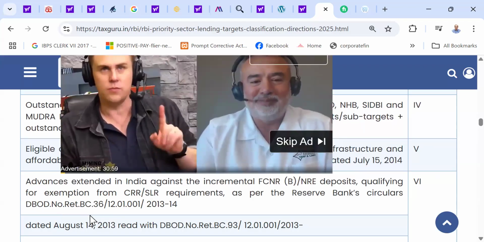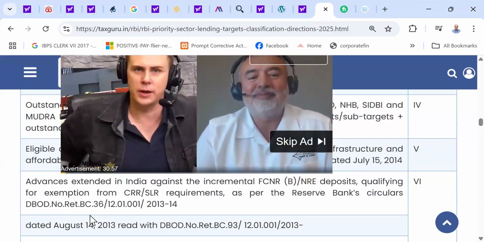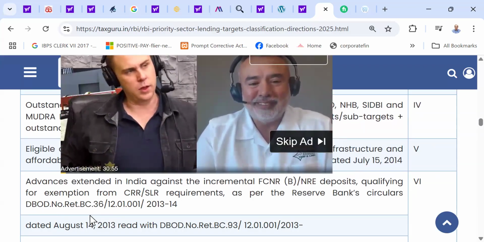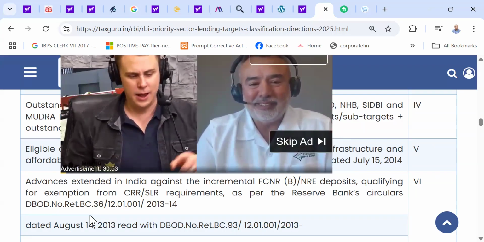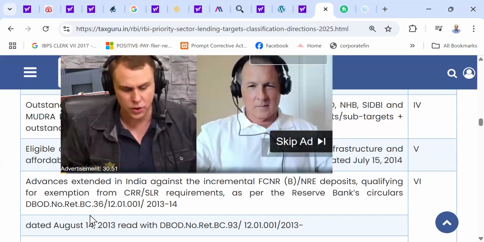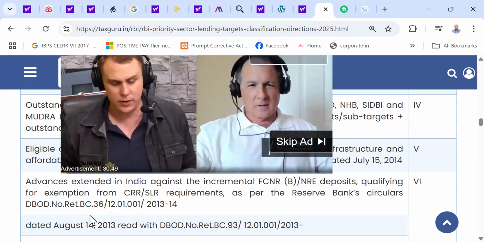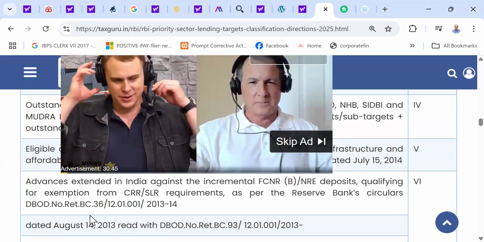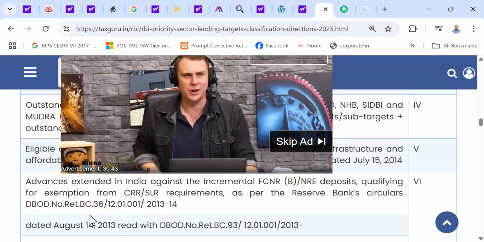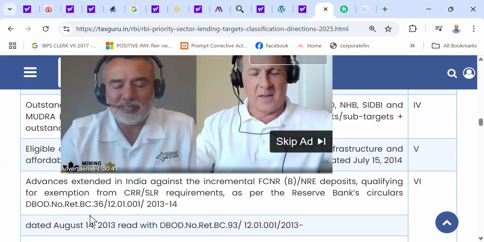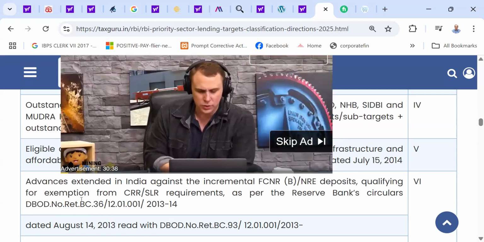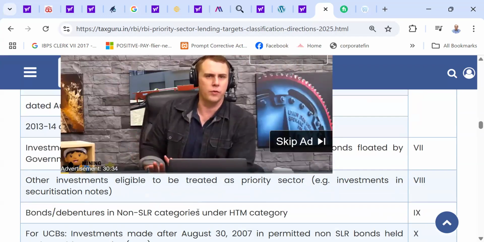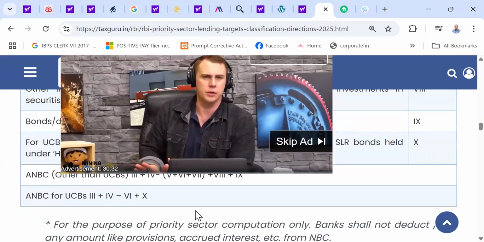From the point of view of interview, in Scale 2, Scale 3 level, they will ask you to explain what ANBC is. It is sufficient to say 40% of total advances; I used to ask people to tell that, and that will do. Then if they still probe, you should say adjusted net bank credit. Understood?